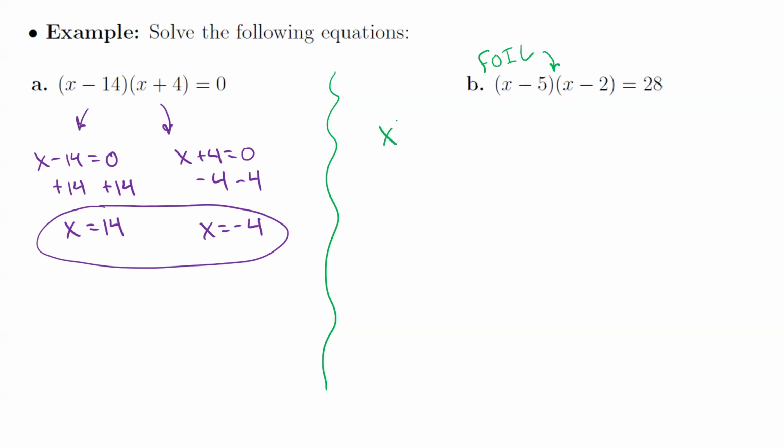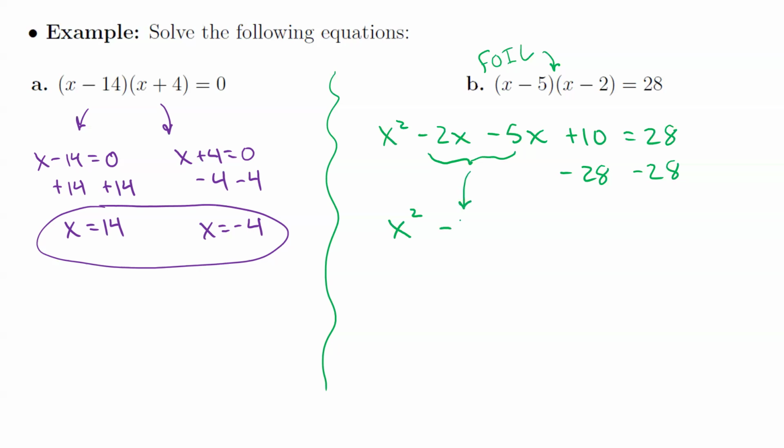So it'd be x squared. Outside is minus 2x. Inside is minus 5x. And last is plus 10. So we'll subtract 28 so that I can get one side equal to 0. And then, of course, the minus 2x and minus 5x combine to minus 7x. 10 minus 28 is minus 18.